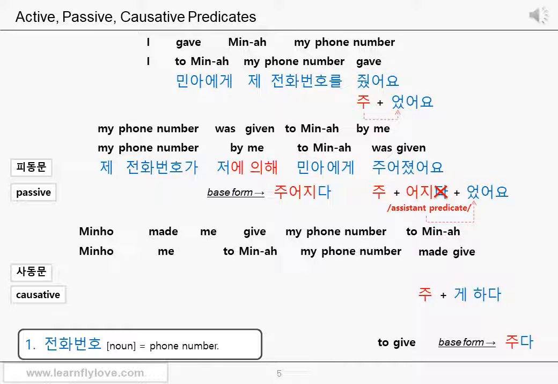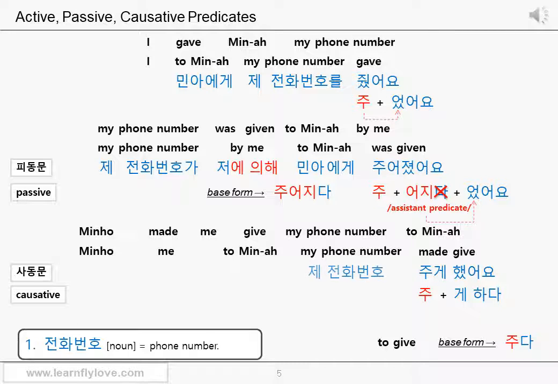And that's the only way. So the stem 주 plus 게 하다. We want to put it in the past tense, therefore 주게 했어요, which means someone made you give something. Made give. 주게 했어요. Okay?